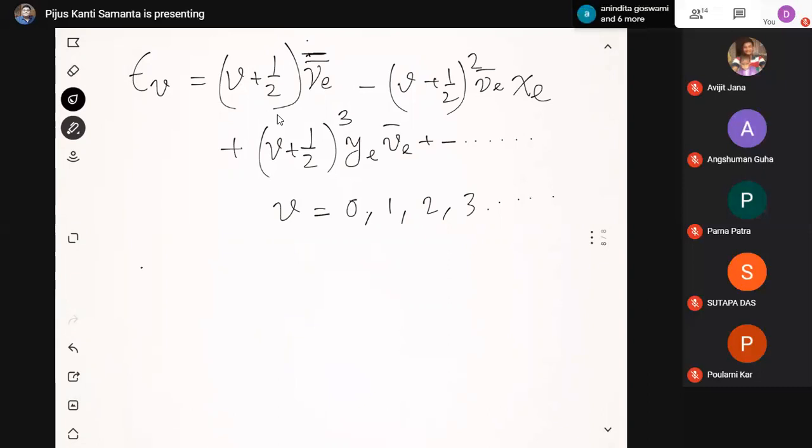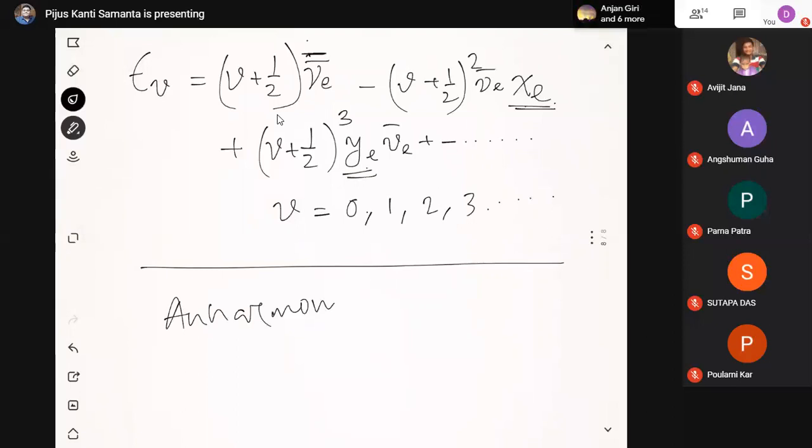So now here we found two more constants. One is this chi e, and the other is y e. These chi e and y e are nothing but the anharmonicity constants, and they play a crucial role in determining the energy states of a vibrating system.